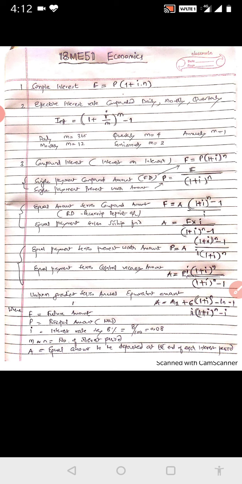So for daily basis I will take M as 365, in both places in the equation. Suppose I want to calculate it on a monthly basis, then I will take M is equal to 12 months in a year. Quarterly means M is equal to 4, semi-annually M is equal to 2, and annually M is equal to 1.